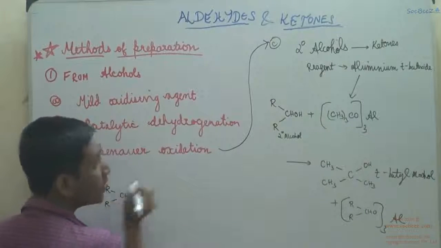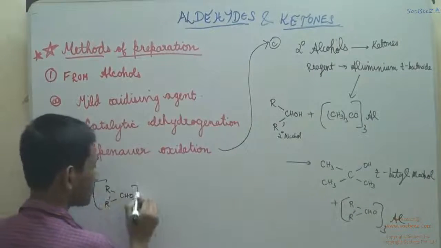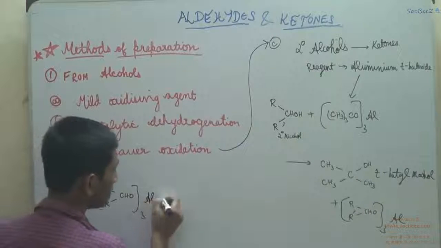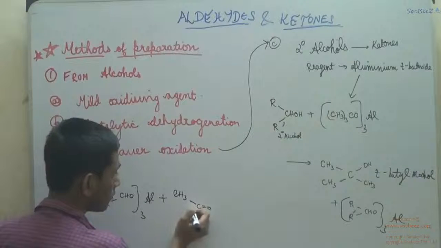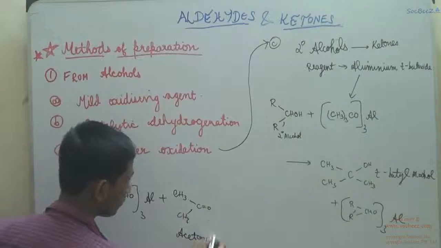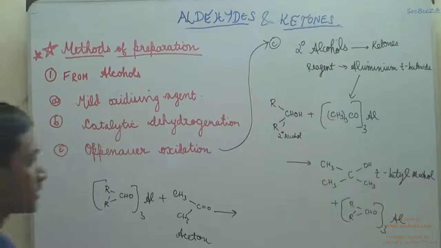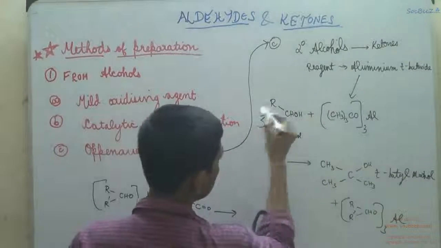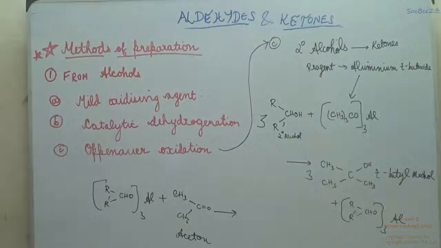Let me write R' for convenience. First you reflux it and add acetone. What happens when you add acetone? First of all, this reaction, let's balance it, 3 times, and here also you get 3 times. That gives the balanced reaction.